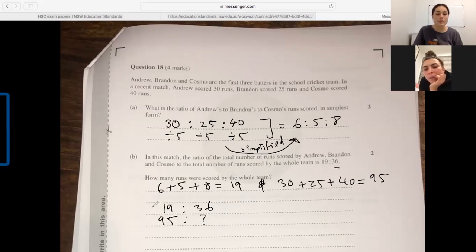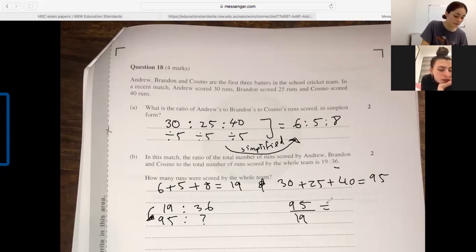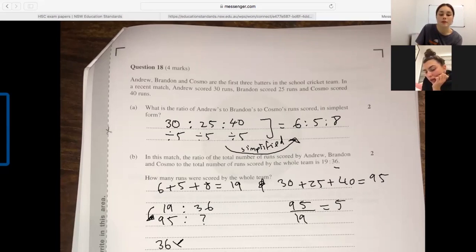From 19 to 95, what's the factor between those two? If you divide 95 by 19, it's 5. So if we times 36 by 5, it should give us how many runs were scored by the whole team. So 36 times 5 is 180.